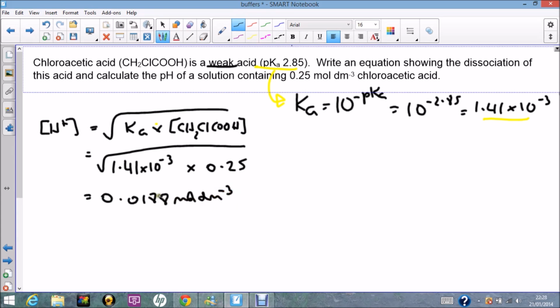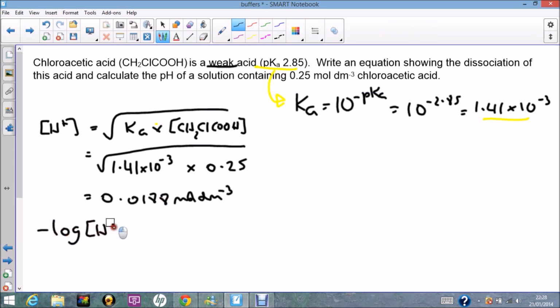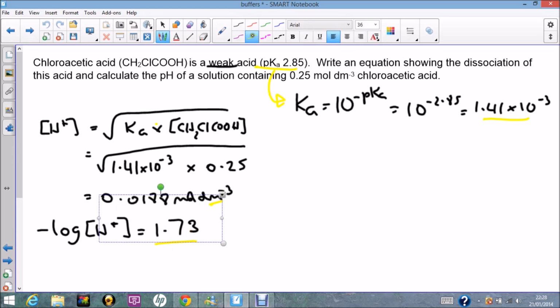It's actually 0.01879, but I'm not going to round it in my calculator. Then I'm going to put it straight into the minus log calculation to get the pH, which gives me a pH of 1.73, and that will be another 2 marking points there.